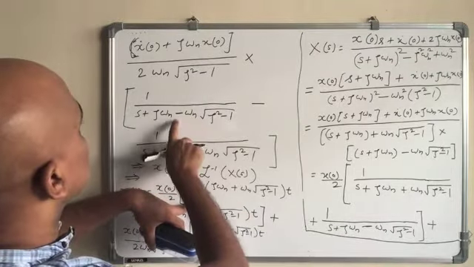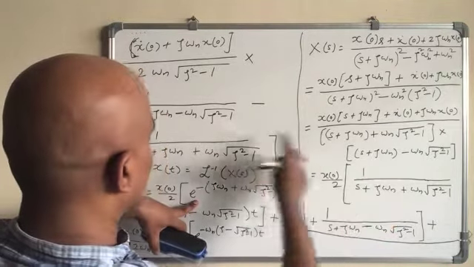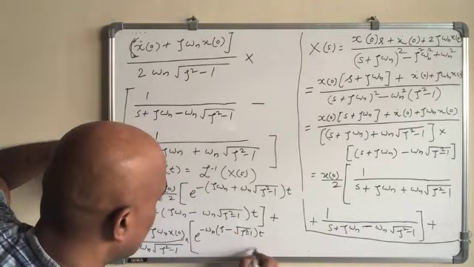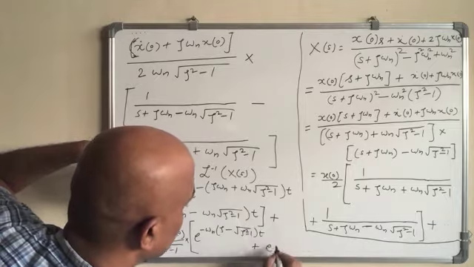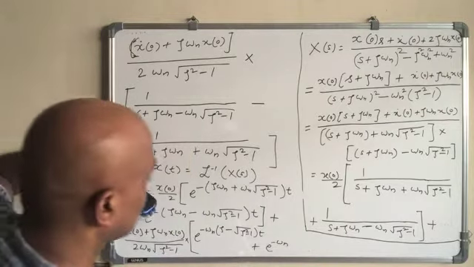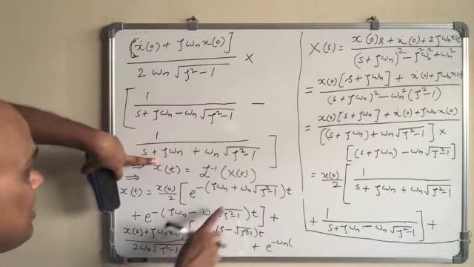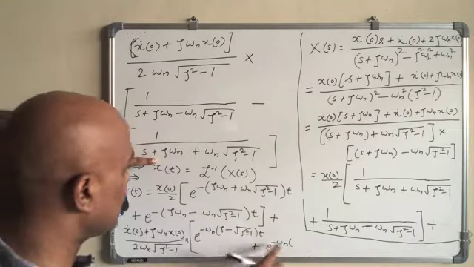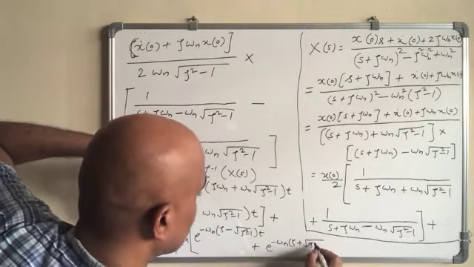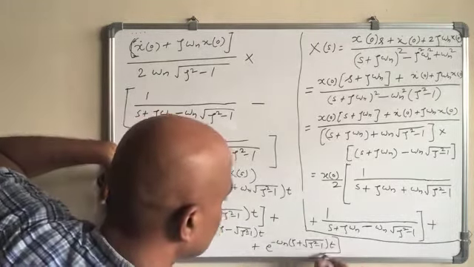and then we have this term, okay, this is similar to this term, so you can see the expression will be plus e to the power minus omega n, we have taken, so the expression will be similar to this one, so omega n, then zeta plus root zeta square minus 1 and then t, okay, like this.